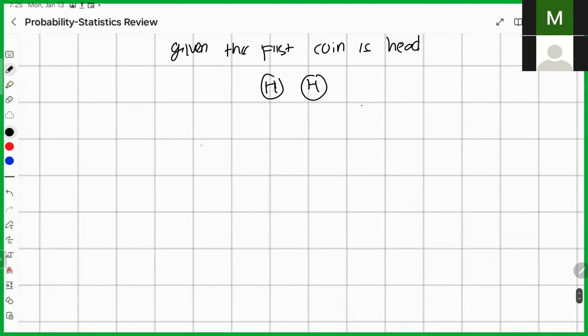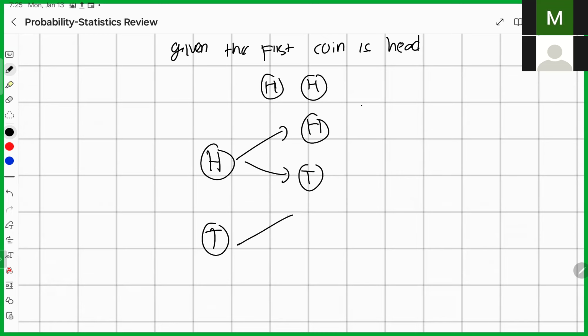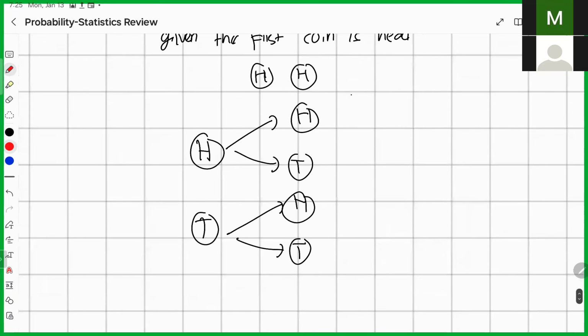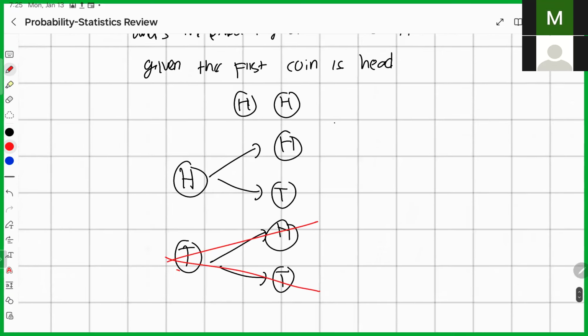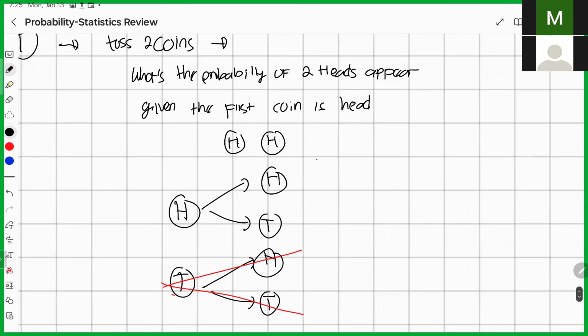So if you look at this example, with the coins like this, basically you eliminate this, because it has to be beyond our condition. In mathematical expression, we can put it as given the first condition of head.